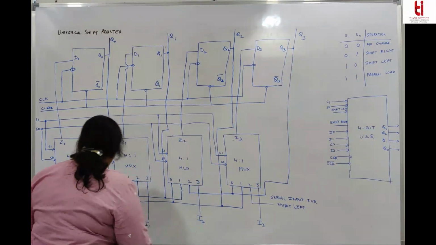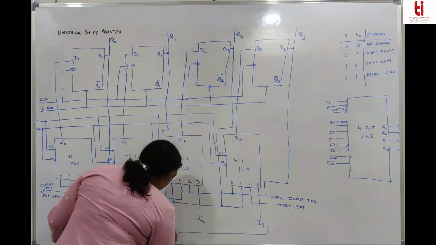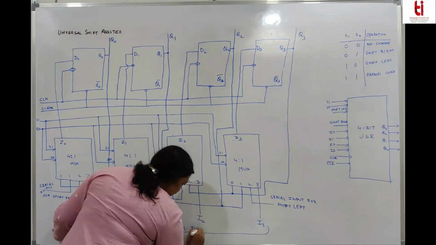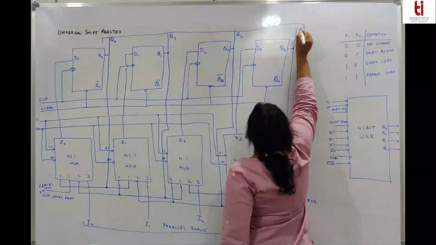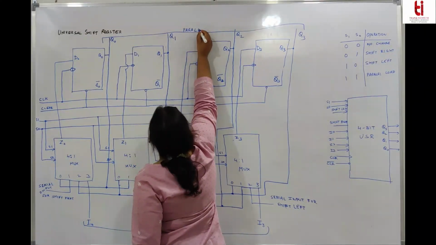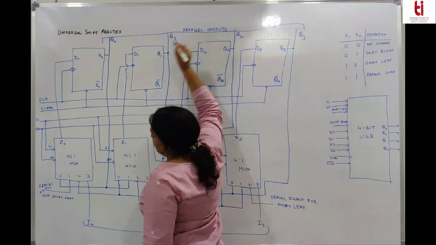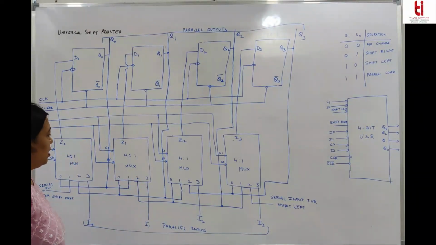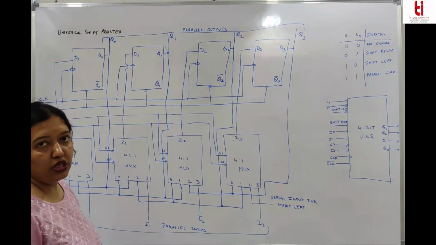So these are the parallel inputs, and these are the parallel outputs. Parallel inputs, parallel output. Serial input, parallel output. So this is what a universal shift register is all about.